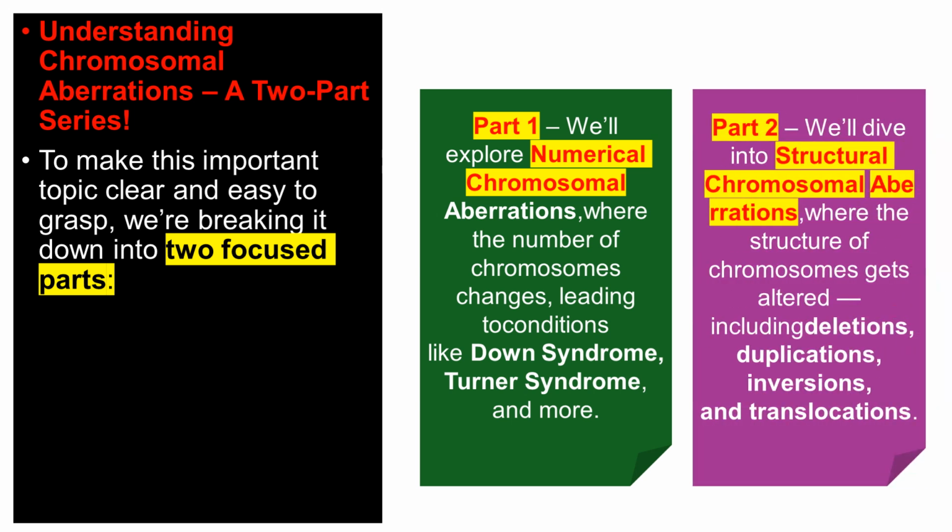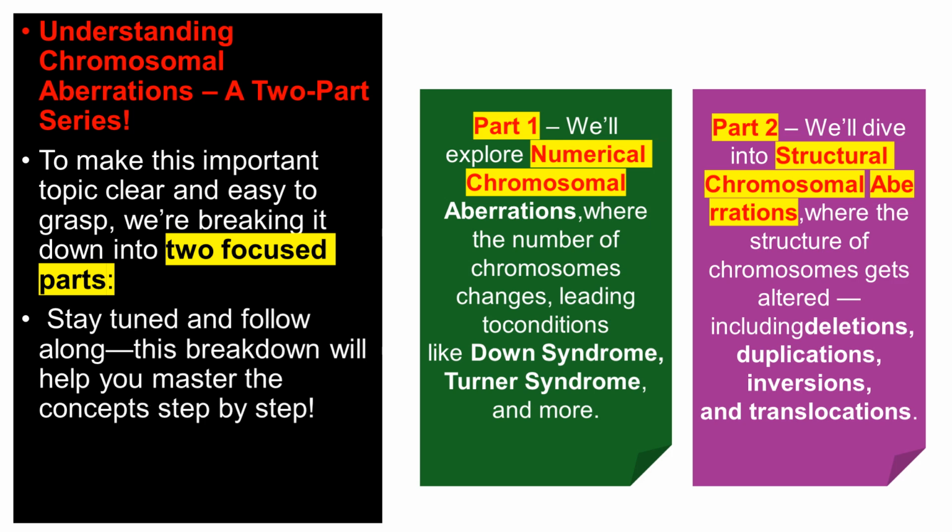Part 2 will dive into structural chromosomal aberrations, where the structure of chromosomes gets altered, including deletions, duplications, inversions, and translocations. Stay tuned and follow along. This breakdown will help you master the concepts step by step.